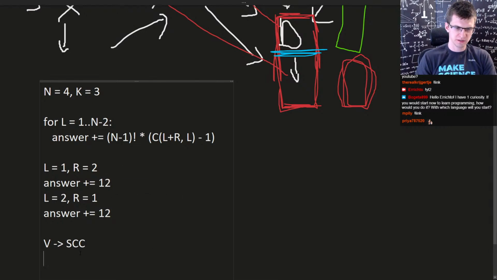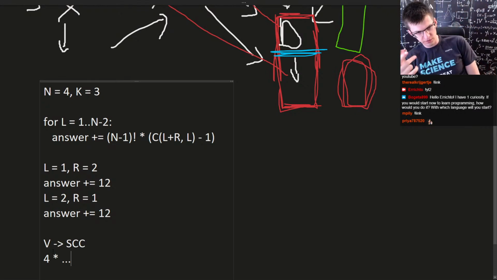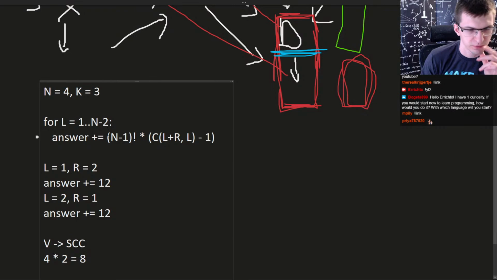We will not get 56. But let's try. There are 4 ways to choose V, and then we need to build a strongly connected component on 3 vertices. Well, this must be a triangle, so actually I know that there are 2 ways. But let's see if the method would work.